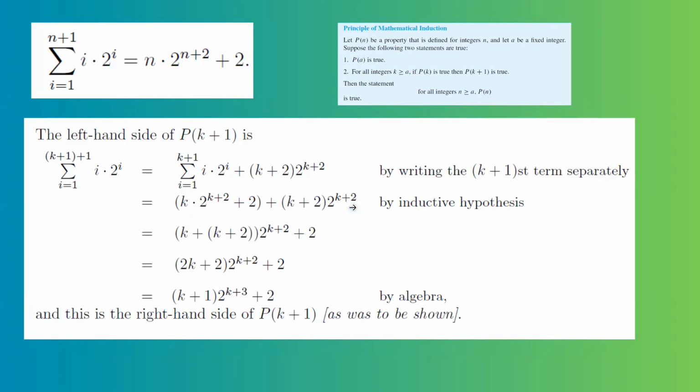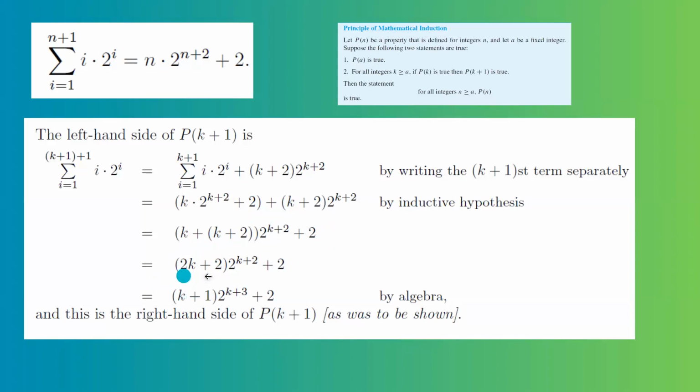Now you can do a little bit of algebra here, everybody. First of all, this term and this term have 2 to the power k plus 2 in common, so you can factor out 2 to the power k plus 2. You're left with k plus k plus 2. One constant is left, which is 2. Very good. Now, k plus k plus 2 is 2k plus 2, times 2 to the power k plus 2, plus the constant 2.